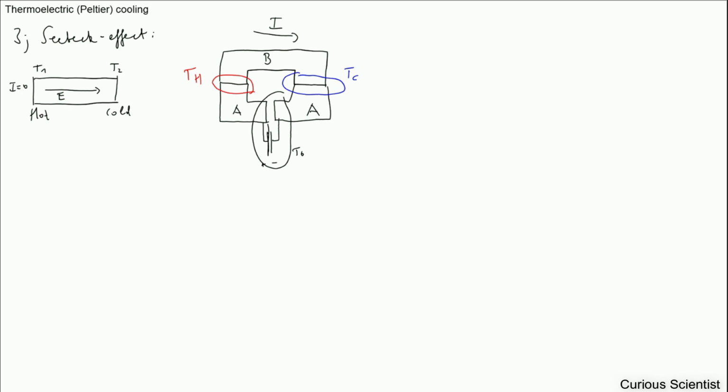Actually, you can formulate this with mathematical formulas. We say that we connect these different materials, and even at U0 equals 0, one can measure voltage.